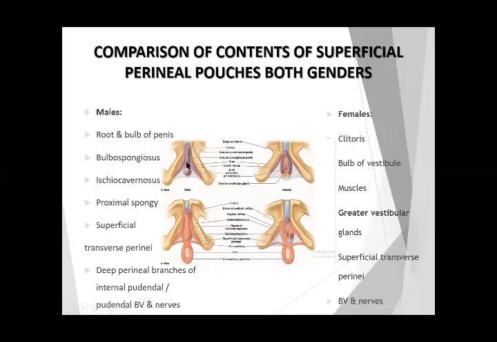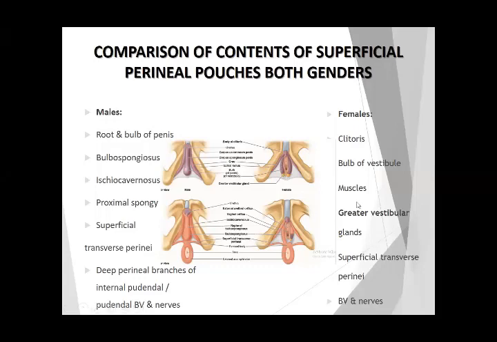The two muscles are the same, bulbospongiosus and ischiocavernosus. Urethra is here, the spongy urethra over here. Okay, in the females, you have this proximal part of the urethra. The difference is over here in the females, you have the greater vestibular glands.